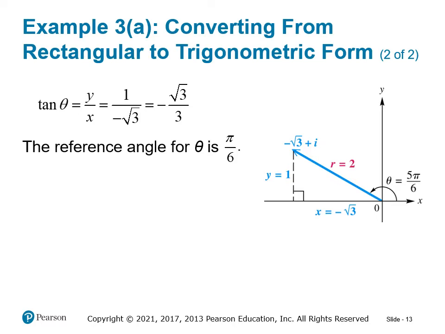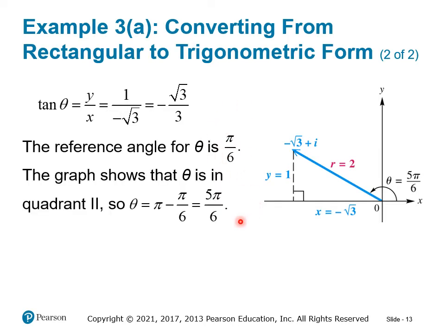Remember, we're in quadrant 2, so we have to subtract this from 180, or specifically since it's in radians, from pi. So our theta is actually pi minus pi over 6. If you're a little thrown off by the fractions, remember you just put the same denominator in the numerator. So you'd have 6 pi over 6 minus pi over 6, which gives us 5 pi over 6.